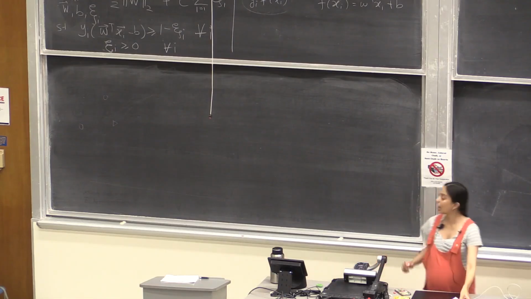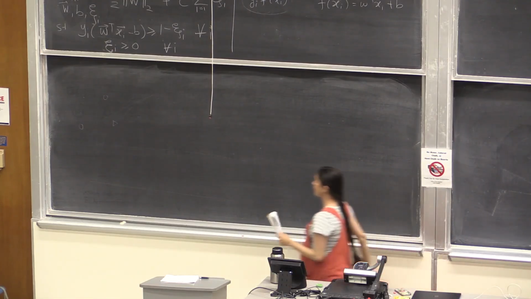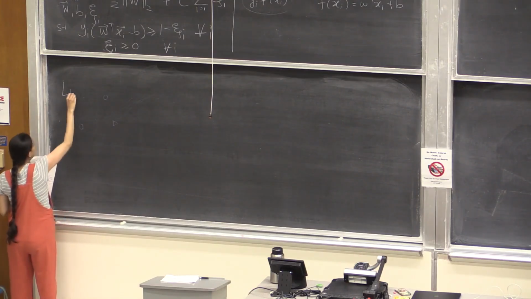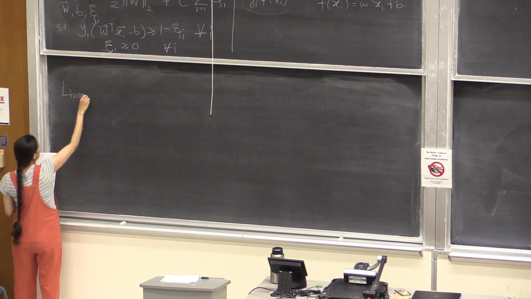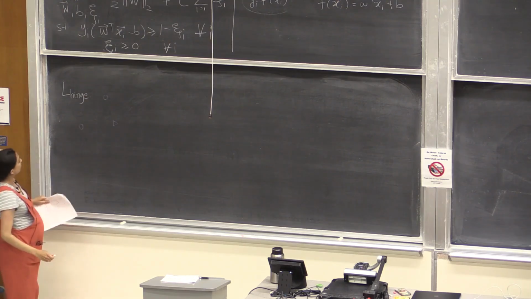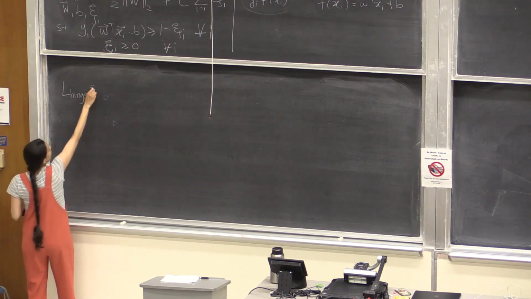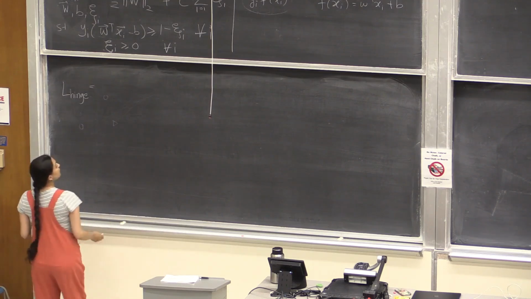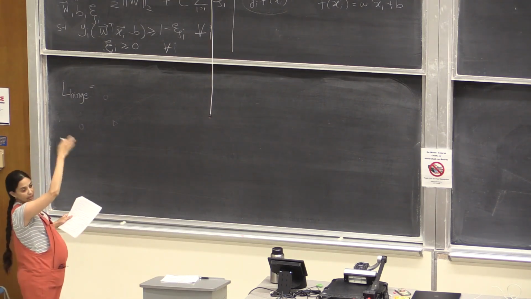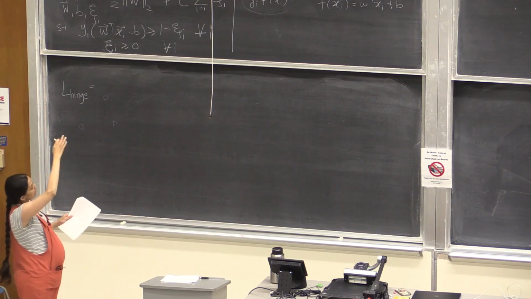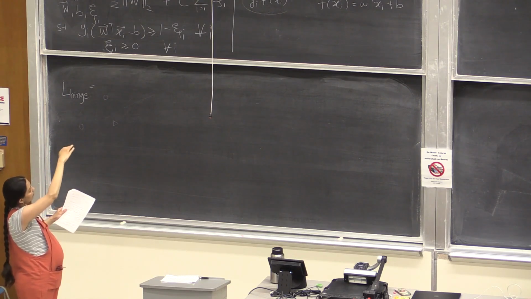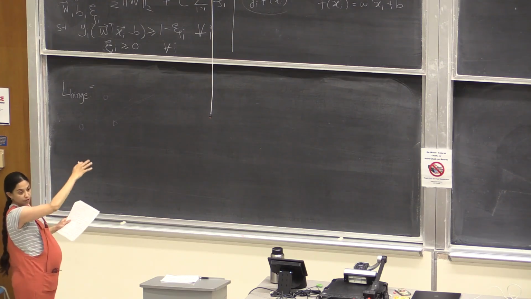If I were to write this hinge loss mathematically, I could write L hinge. This line has a slope of -1. It's like minus yi times f of xi, but shifted.